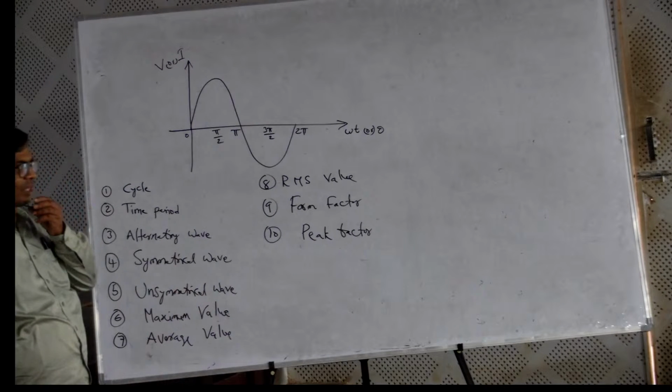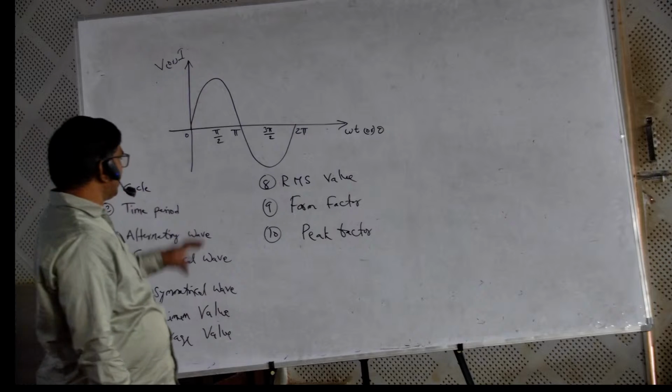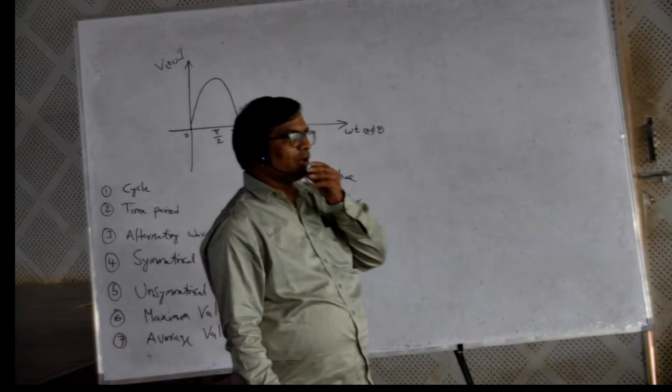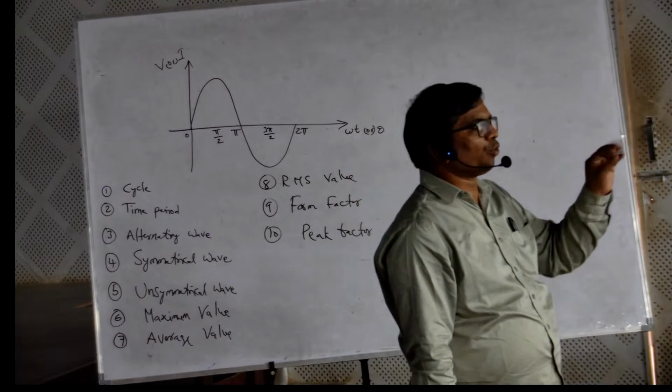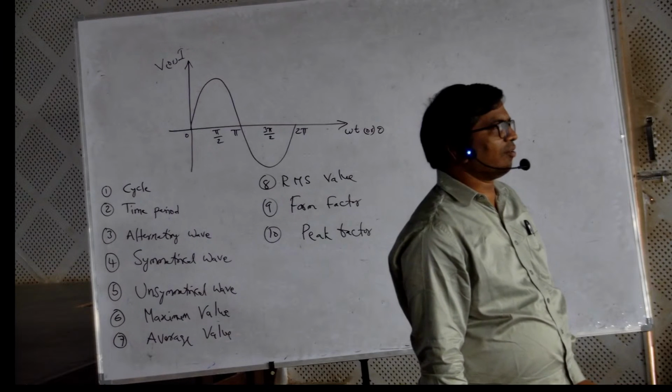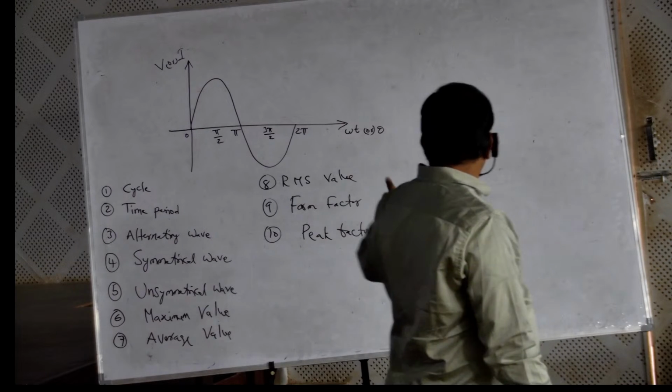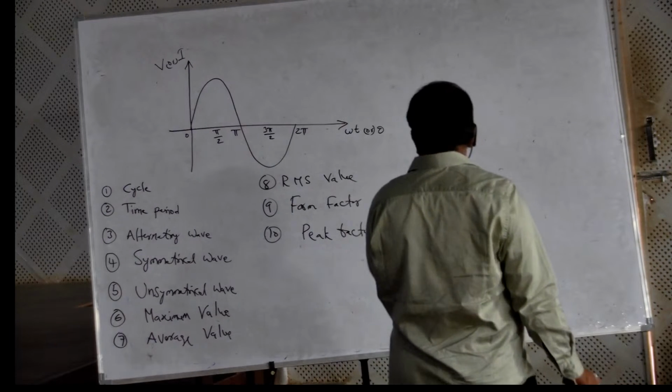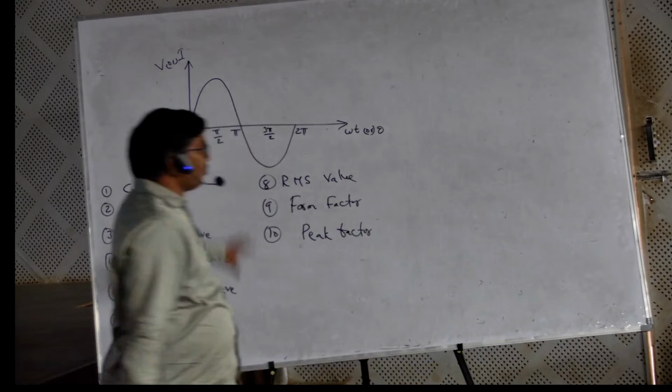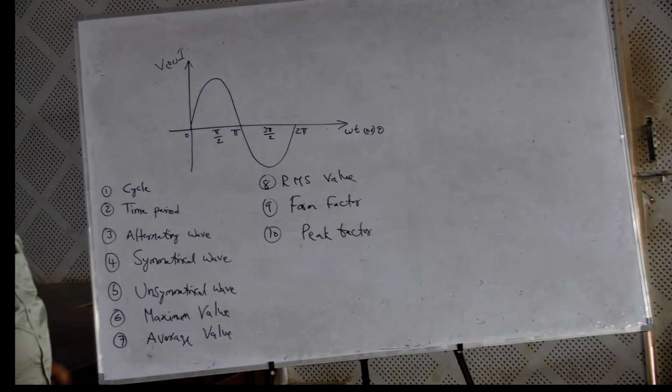These are the definitions we have to know, which is for 2 marks. All these parameters pertain to an alternating wave.